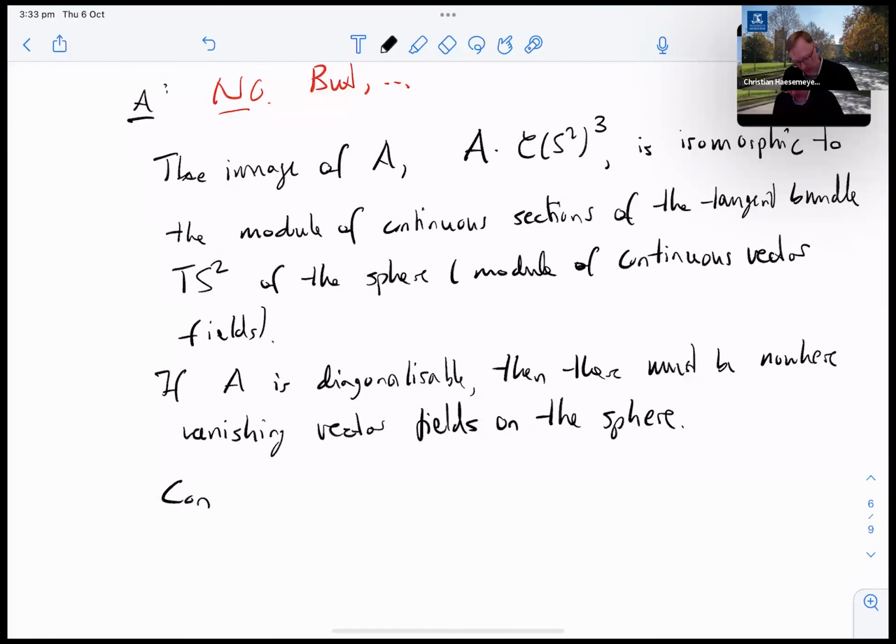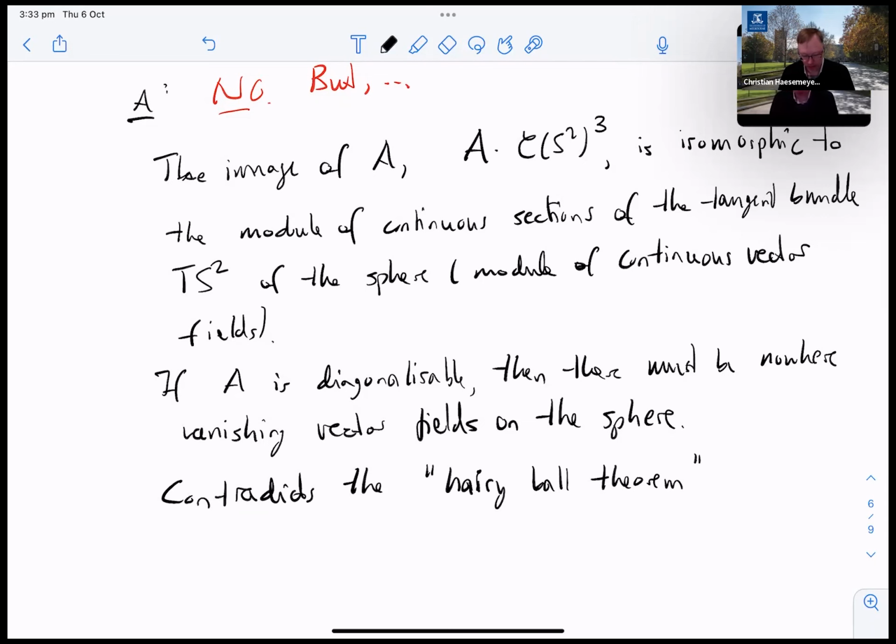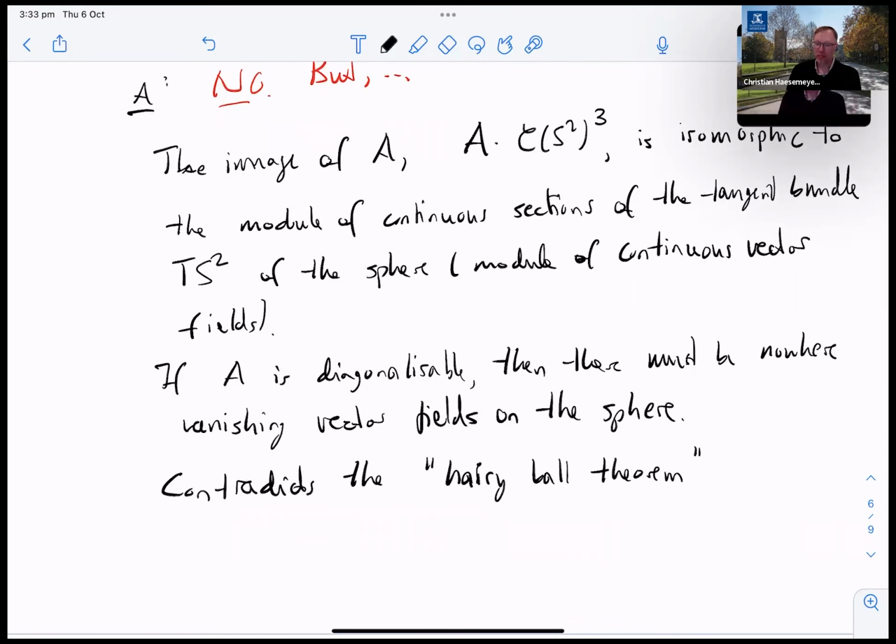So this contradicts a basic result from algebraic topology, which in English is known as the Hairy-Ball theorem. In German, if you translate the German label for the theorem into English, it's known as the hedgehog theorem. Well, we all know this.